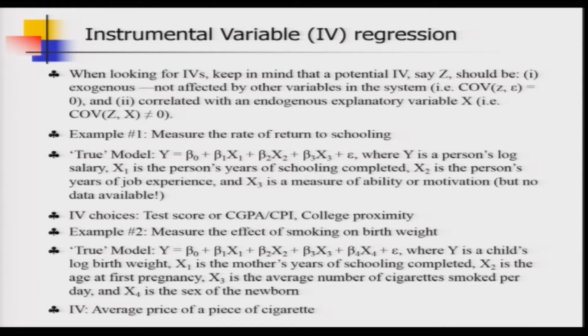Here we can think about an IV that is used in the literature, and that is the average price of cigarette. Why? Because ultimately cigarette is a consumption good. You have to go to a shop and purchase it from the shopkeeper, and of course your demand or purchase will depend a lot on the unit price of the cigarette.